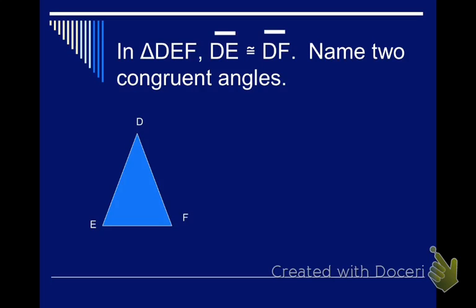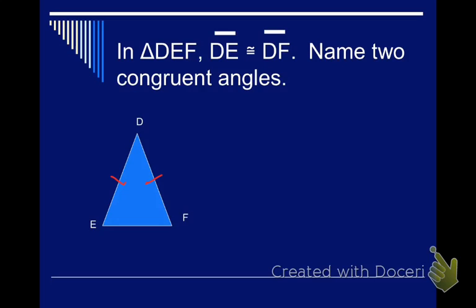answer the questions. In the given triangle, side DE is congruent to side DF. So DE and DF are congruent. Name congruent angles. Well, this triangle is at least isosceles, maybe equilateral, but we don't know that for sure.